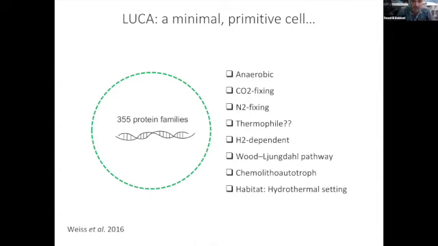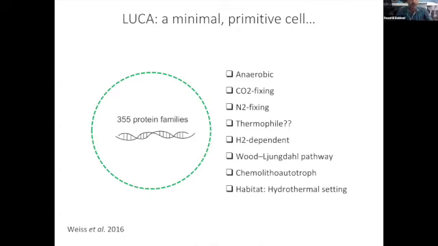So this is really the first attempt using a genomic approach to reconstruct what LUCA looked like, its physiology and habitat. Prior to that, there was some speculation, and some attempts using gene presence and absence, but this is the first attempt to present a realistic approach for LUCA.